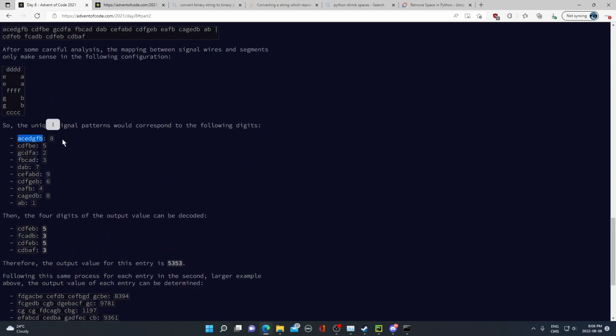Well, it's pretty obvious what 1, 7, 4, and 8 are. How do we do this though? It seems like some mathematical equation, it's like algebra. We have a couple of variables and you just figure it out.